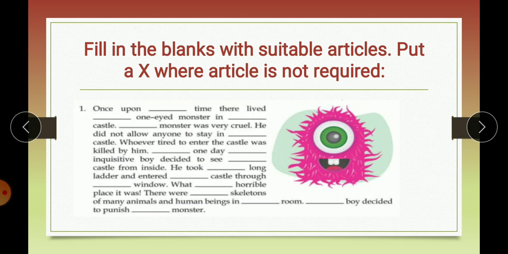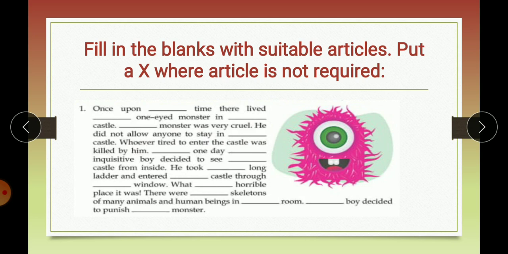Once upon a time there lived a one-eyed monster in a castle. Clear? The monster was very cruel. He did not allow anyone to stay in the castle.